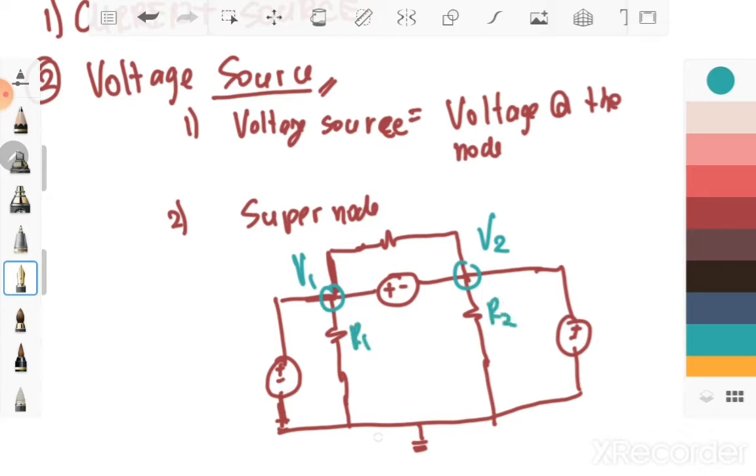It is not connected to the ground. Ibig sabihin nun, wala siyang datum. Okay? So therefore, ang gagawin natin, i-connect natin itong voltage source na to sa ground.